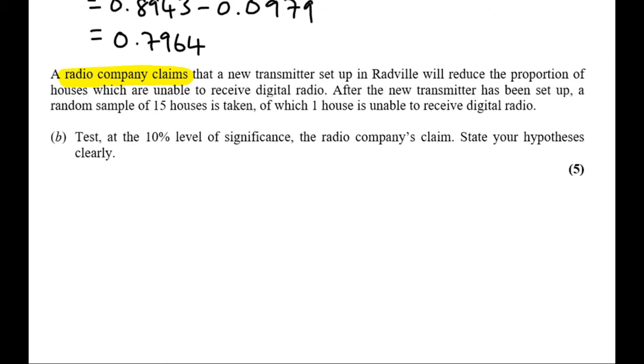So we're dealing with a hypothesis test here. What is the claim of the radio company? It's that their transmitter will reduce the proportion of houses unable to receive digital radio. The sample size is going to be 15. And the observed value is just one house.